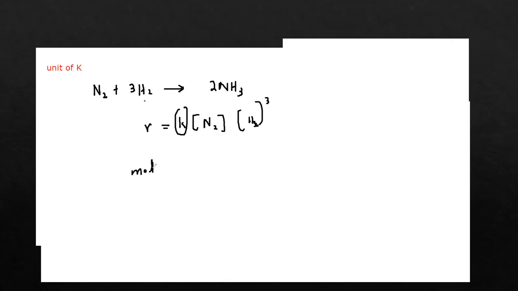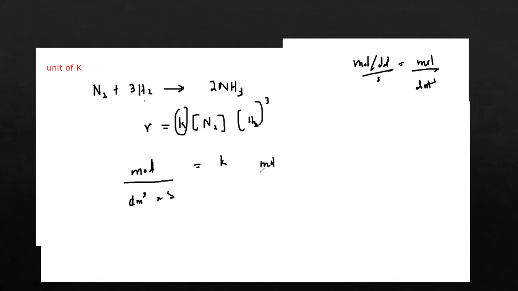So mole divided by dm cube and per second. I can also write this as mole per dm cube second. K we don't know. What is the unit of concentration?